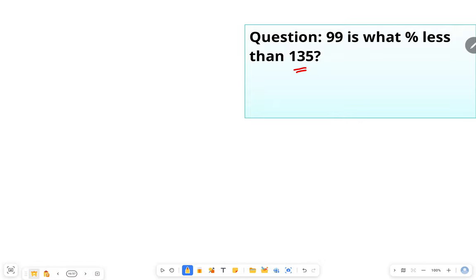First, it is asking that this 99 is what percent less. So in the bottom, which number will come? Of course, wherever you see "of", whatever number you see after that, you can write that number in the base here, 135. And 99 is how much less than 135?